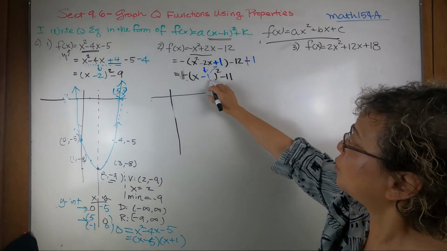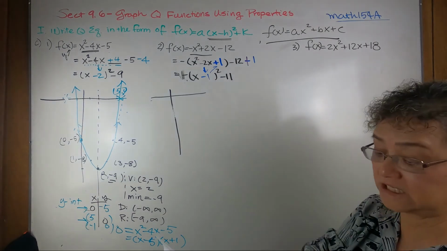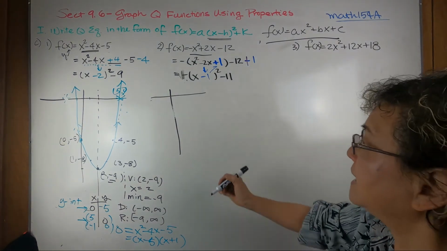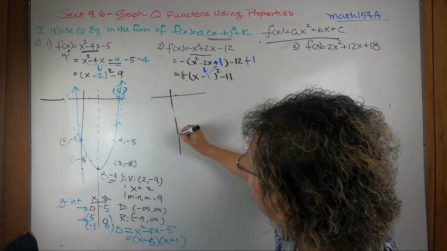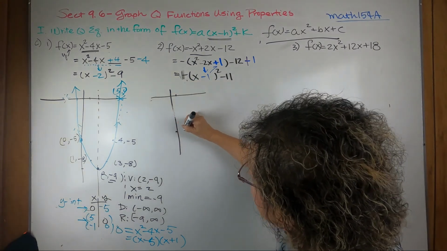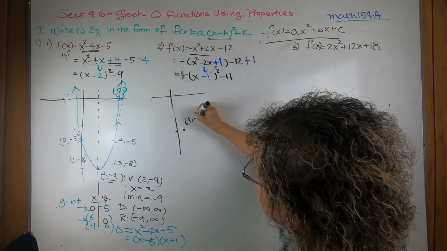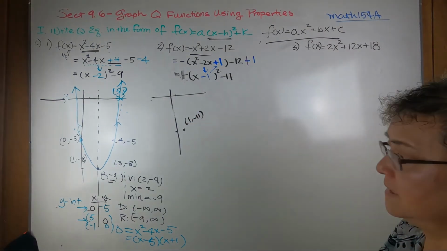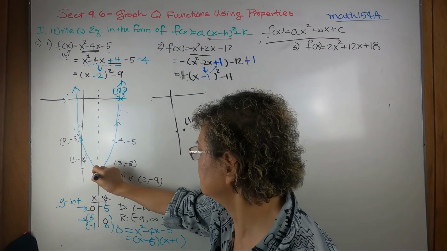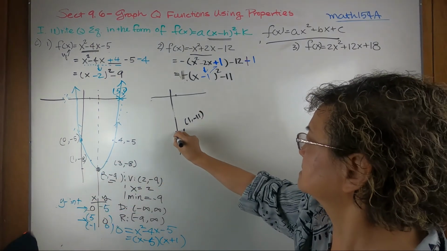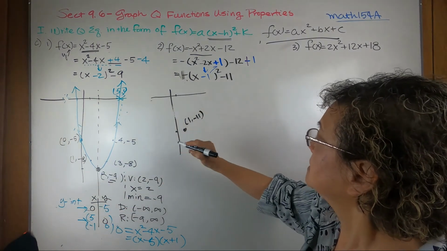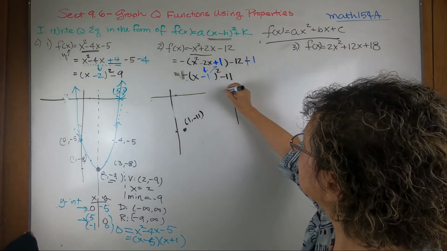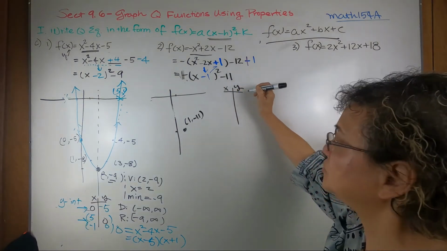That will be (1, negative 11), right? So that would be 1 and, say here, 1 and negative 11. Is that right? So that's the vertex. That's the vertex here. Then you would do your t-table. Which number do you put in the middle?